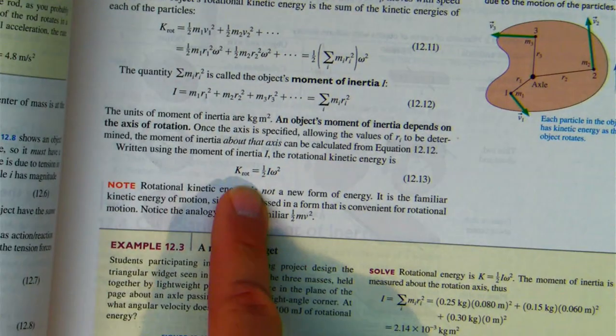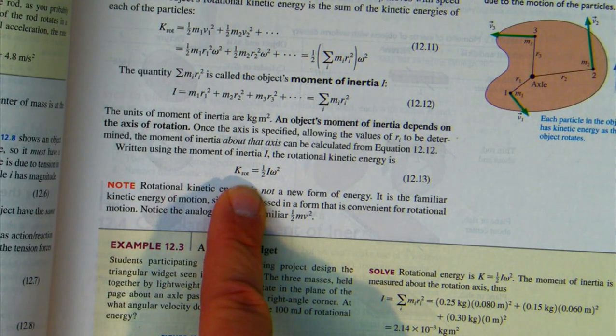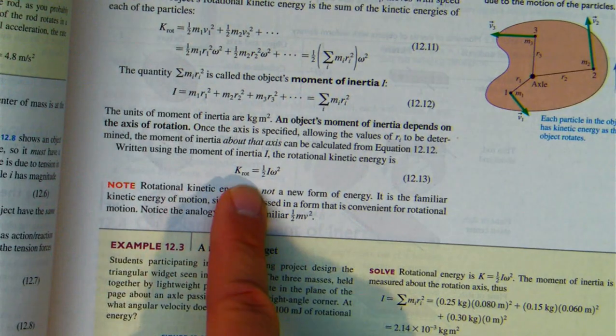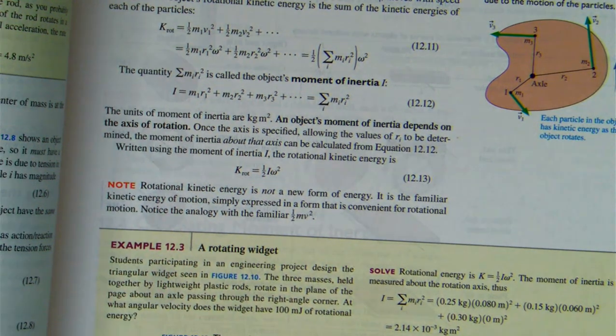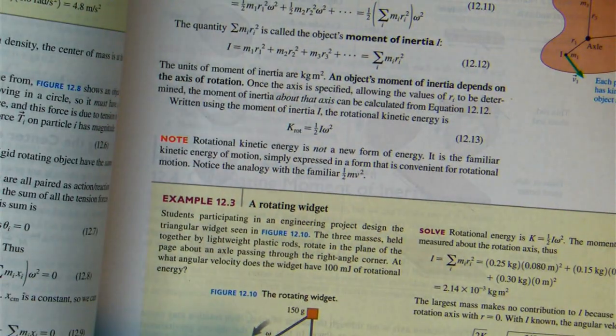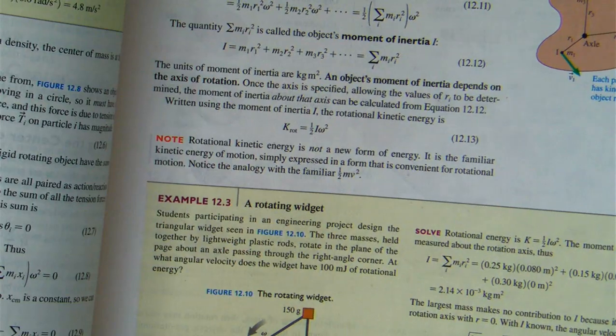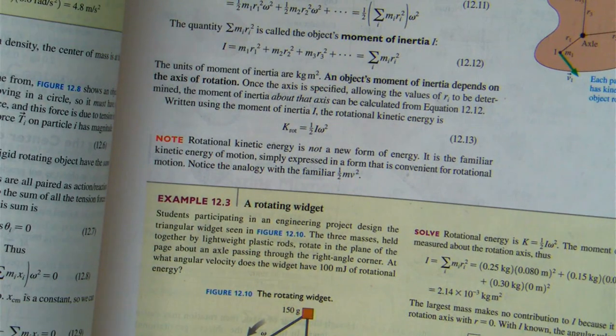Hence the rotational kinetic energy formula that I spewed earlier, 1/2 I omega squared. Then they do an example. No doubt I should do an example. It's left to the interested reader to do that example themselves.